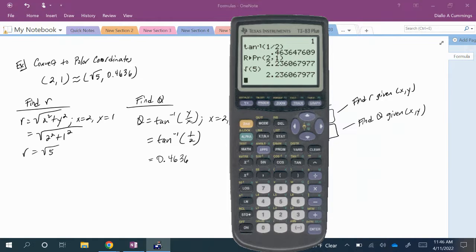Next we're going to find theta. I'm going to use the 6th function and put in 2, 1, and we have theta. So we have taken a look at converting polar to rectangular and also converting rectangular to polar.